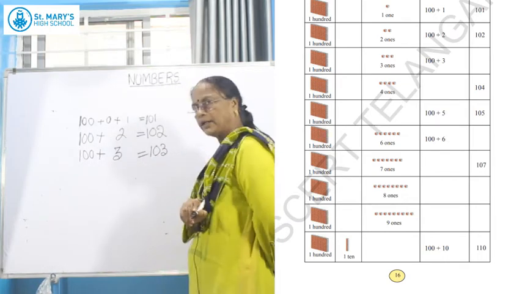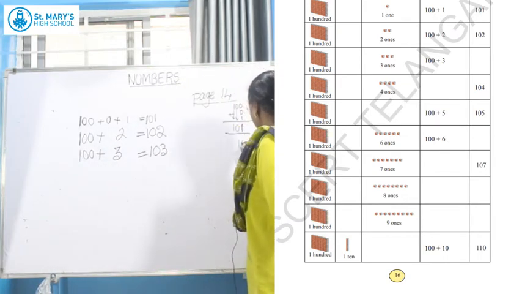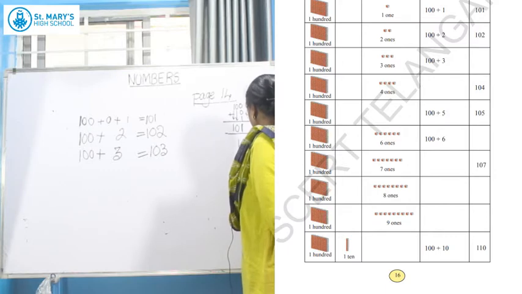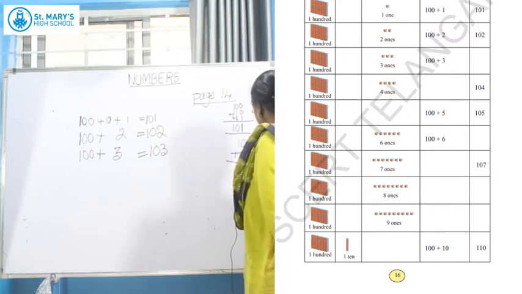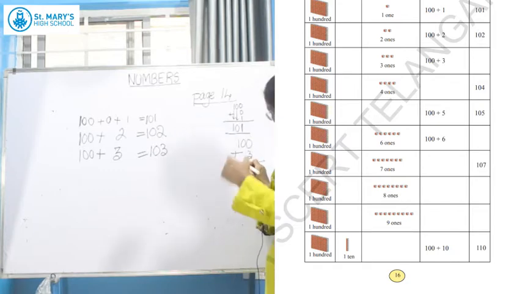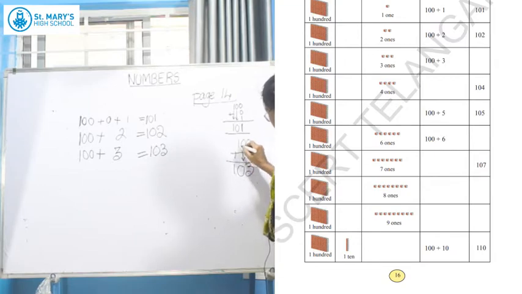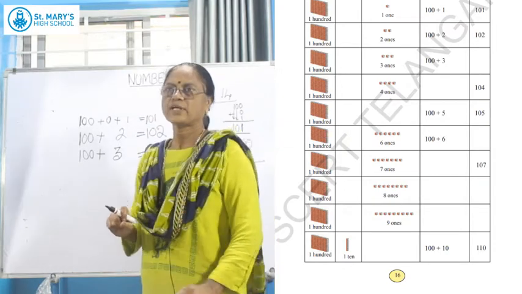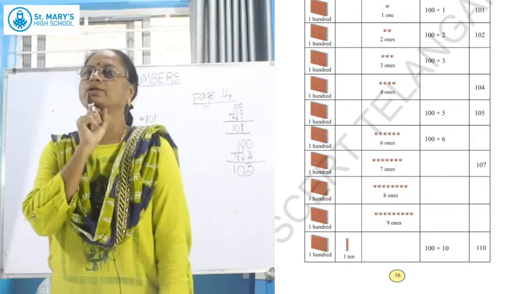Why do you write 103? Take your rough column and write 100 and 3 you add. You know addition now? Come on, you add 0 plus 3. How much do you get? 3. 0, bring 0 here and 1 as it is. Right? It's easy for you. So 103. Shall we go to the next question there?